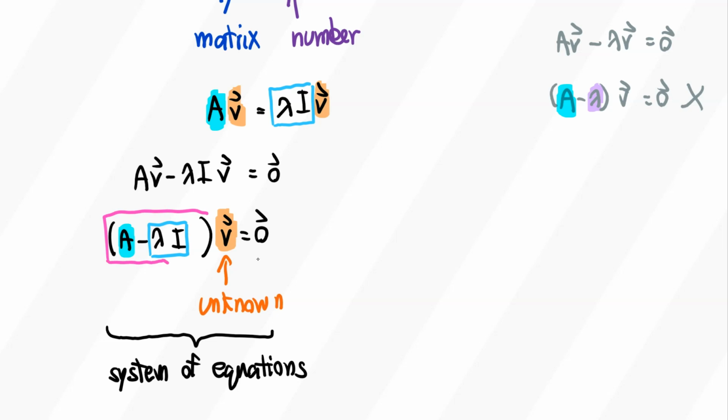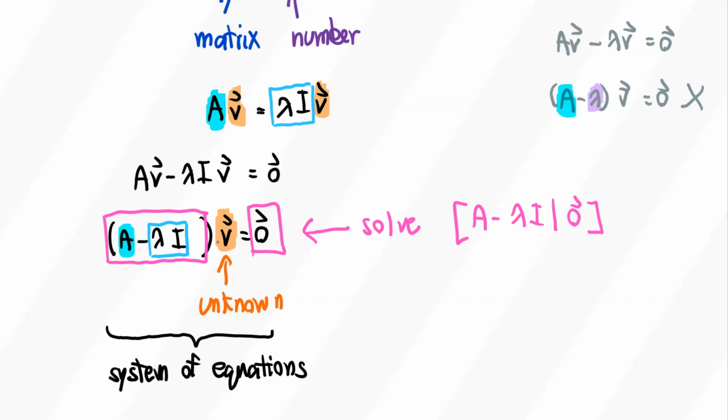I would just like to solve for this unknown. I have this system, pink matrix times V equal to the 0 vector. So in the end, what we are trying to do is just solve for this system. I'm gonna have A minus lambda I, and then the right hand side is gonna be just the 0 vector. If I were to write the augmented matrix form for this system of equations, this is what I'm gonna have.